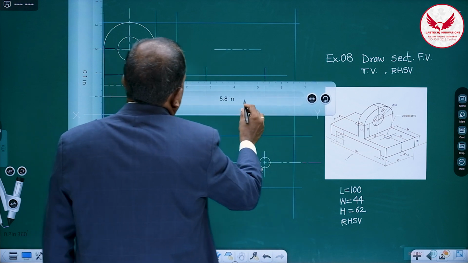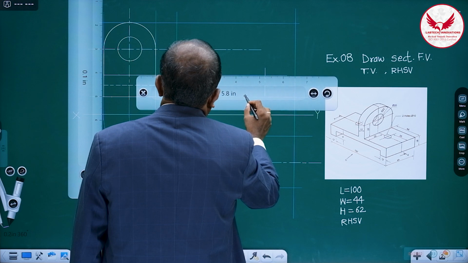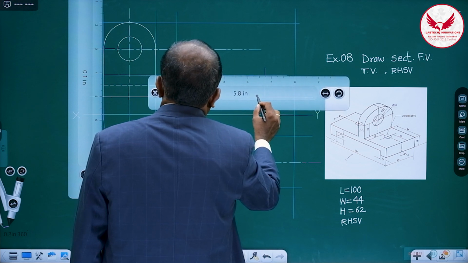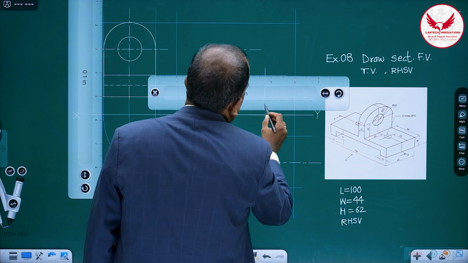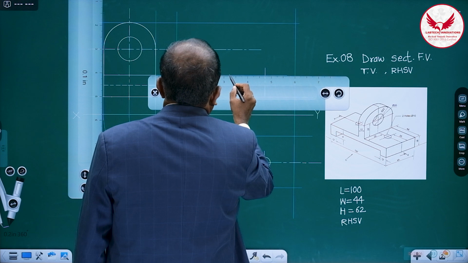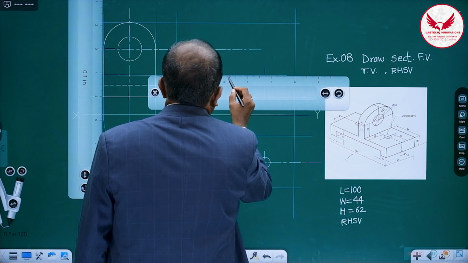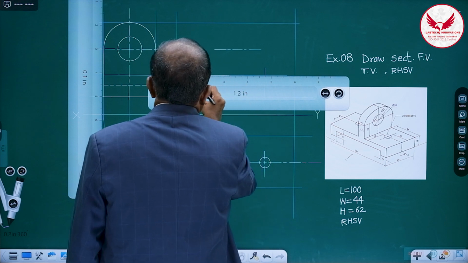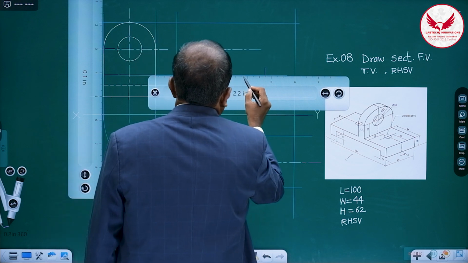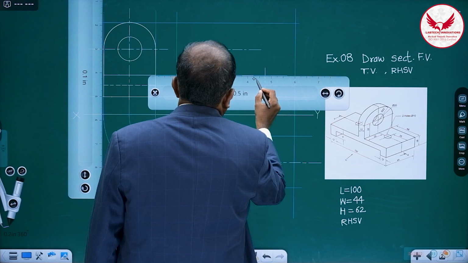Means 6, 6. We have to leave a gap of 12 from the center. So it is the center, 6 from this side and 6 from this side.